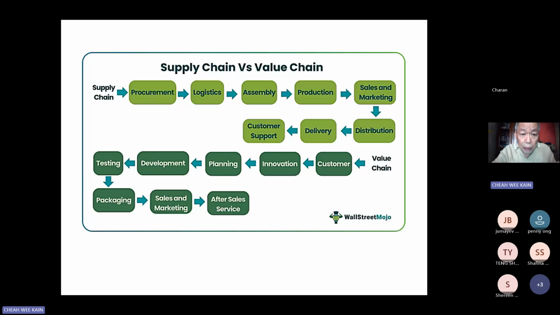Why procurement? You need to split, because let's say I'm making a car. I have to buy metal. I can buy metal plates from supplier A, supplier B, supplier C. Supplier A sells to me. I'm Volvo. The same supplier also sells to Toyota, sells to Honda.